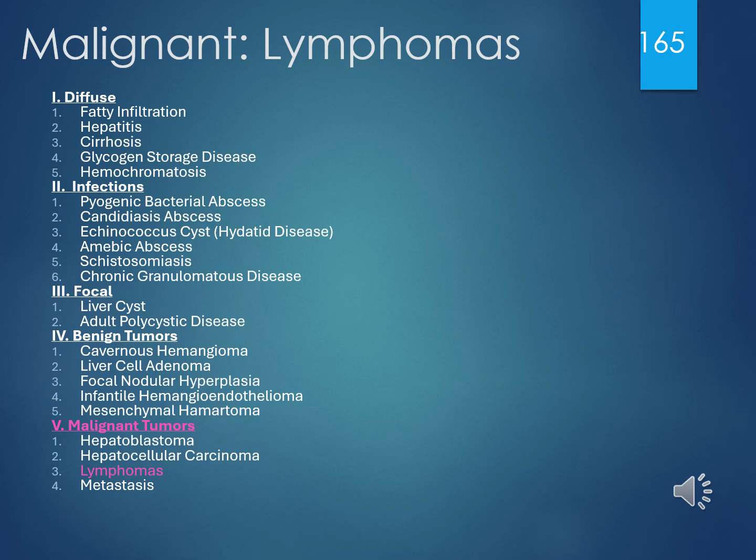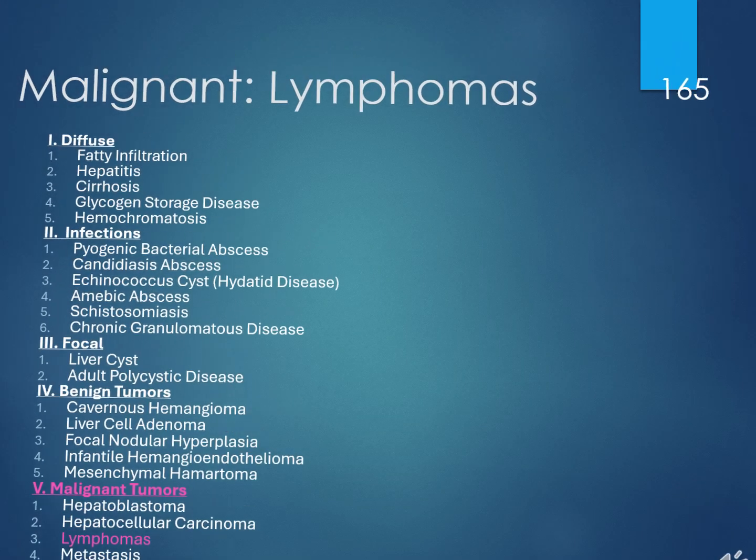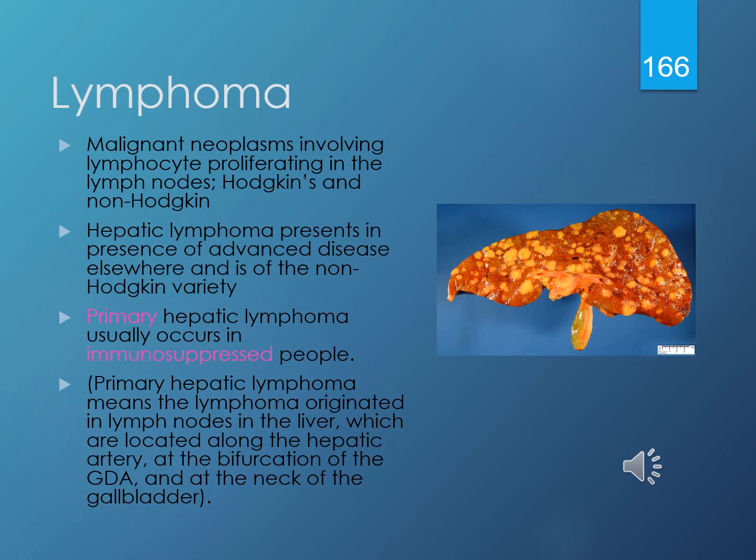The next malignant liver lesion is the lymphomas. You'll learn about lymphoma over and over and over again every time we talk about an organ. Lymphomas are malignant neoplasms involving lymphocyte proliferation in the lymph nodes. There are two kinds, Hodgkin's and non-Hodgkin's.